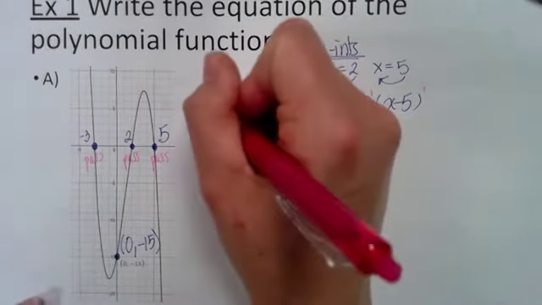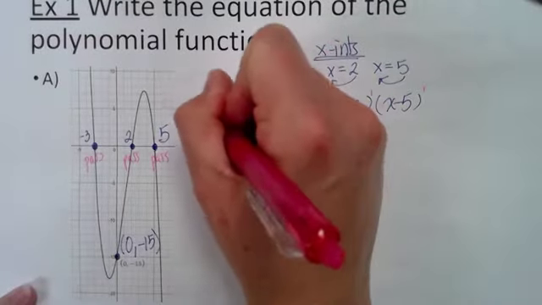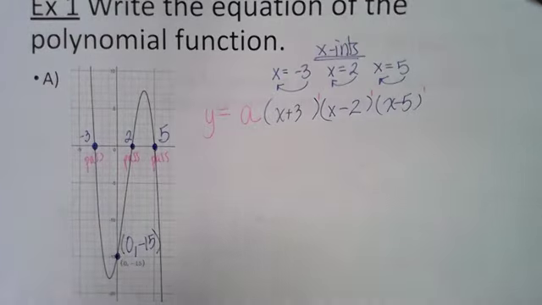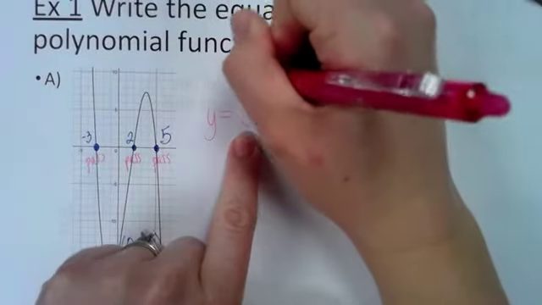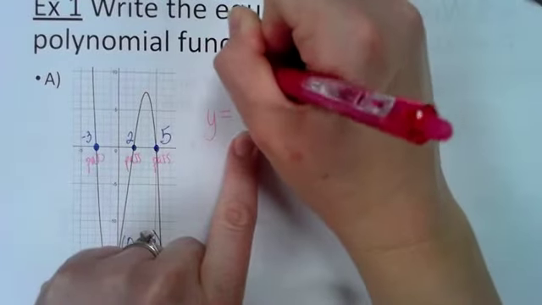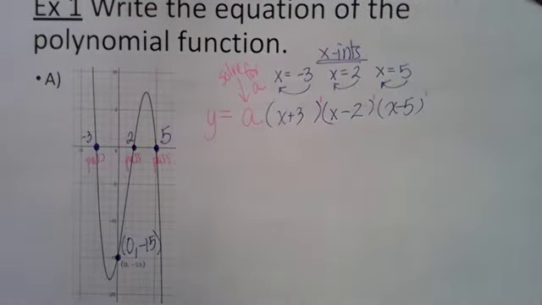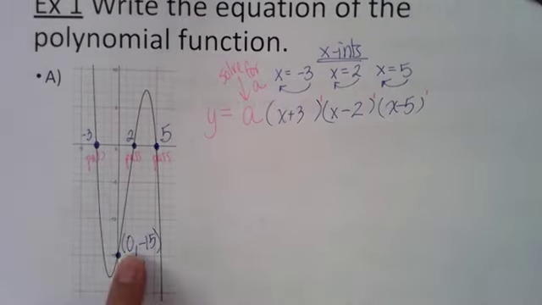What we have to do then is write our equation. y equals a times all of this stuff. Our job is to solve for a. We can write our bubbles really easily. Our job is to figure out what we have to multiply by to make it pass through (0, -15). That's what this extra point is for.